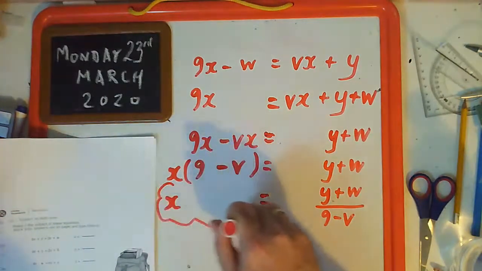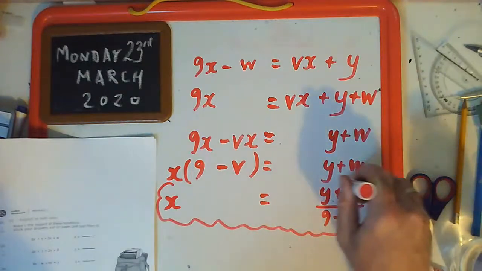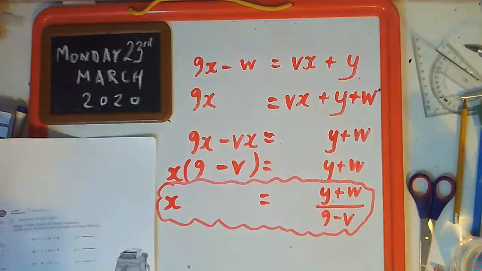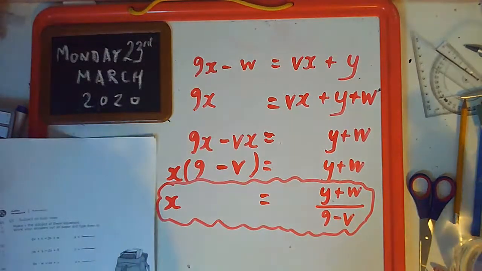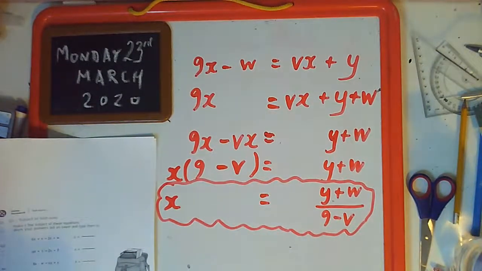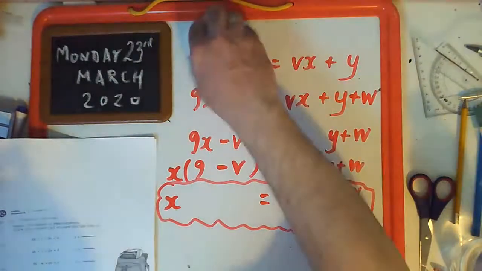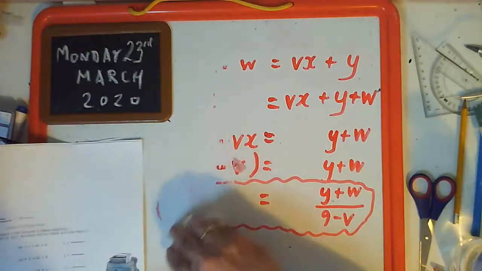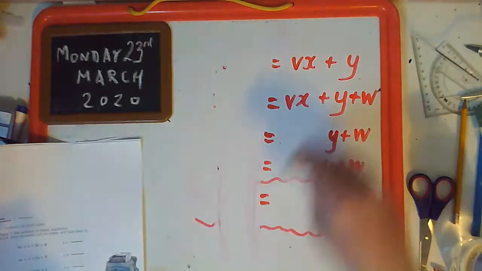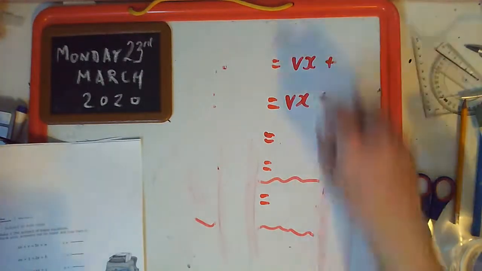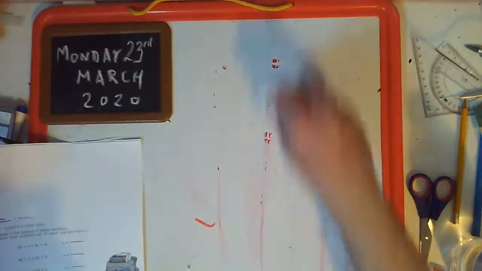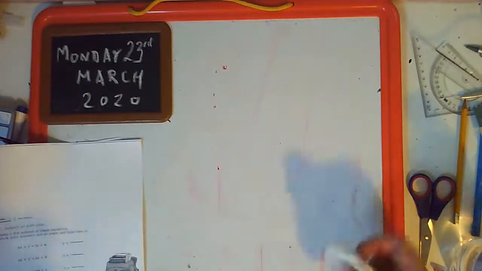And that's the final answer to that one. That x equals y plus w over 9 minus v. I realize it can be confusing with all of the letters in there rather than numbers, but the fundamental principle of it, doing the same to the left as you do to the right, is fairly straightforward.